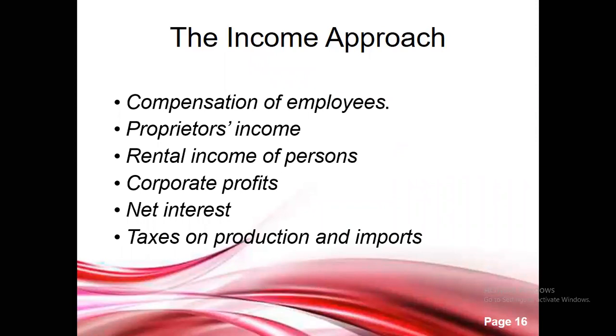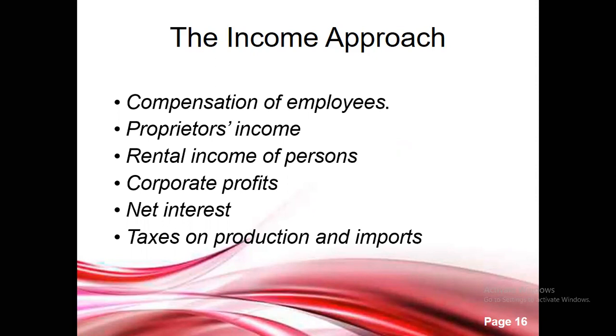Rental income of persons is a small item, the income earned by individuals who own land and rent it to others, right? Corporate profits are the profit earned by the corporations and represent the remainder of corporate revenue after wages, interest, rents, and other costs have been paid.